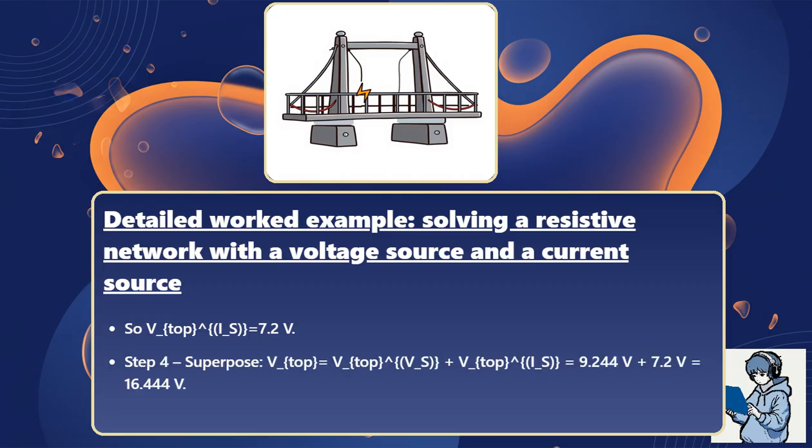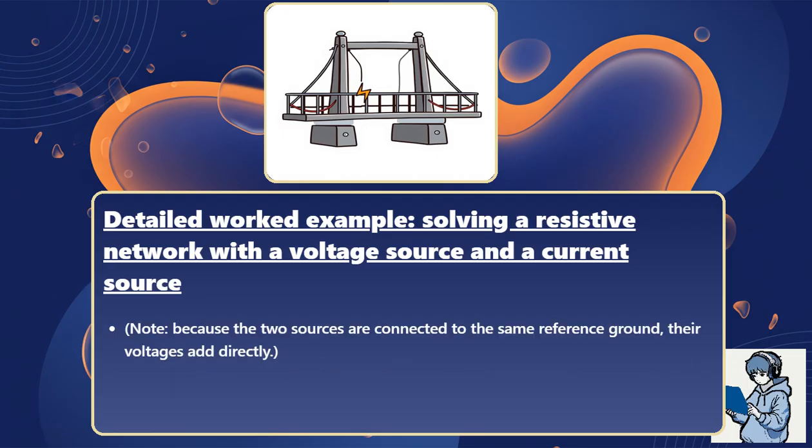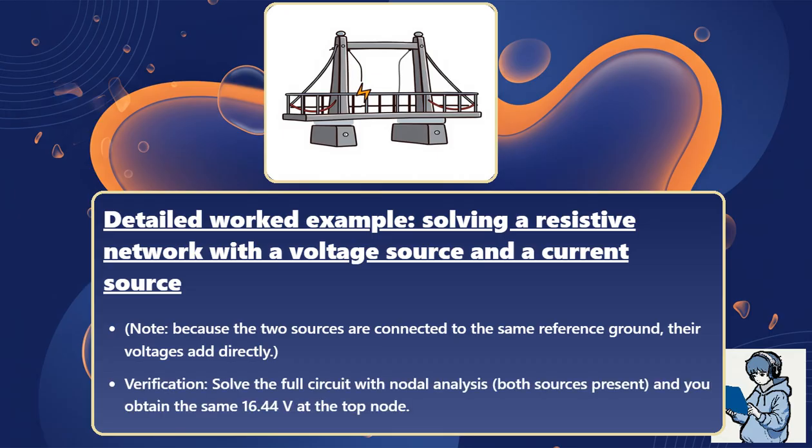Step 4. Superpose. V top equals V top superscript VS plus V top superscript IS equals 9.244 volts plus 7.2 volts equals 16.444 volts. Note, because the two sources are connected to the same reference ground, their voltages add directly. Verification. Solve the full circuit with nodal analysis, both sources present, and you obtain the same 16.44 volts at the top node.